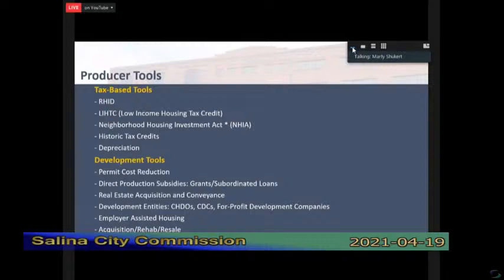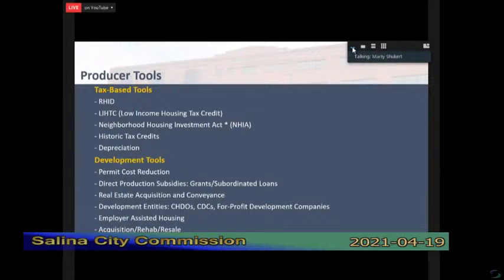Real estate acquisition, buying or accumulating land and then conveying that land at a write-down, the old urban renewal tool, is a development tool. So it's basically the public entity taking the burden of putting the deal together and of selling or giving the land to a developer for a public purpose.